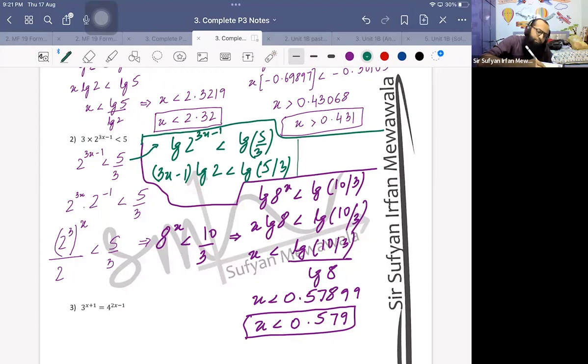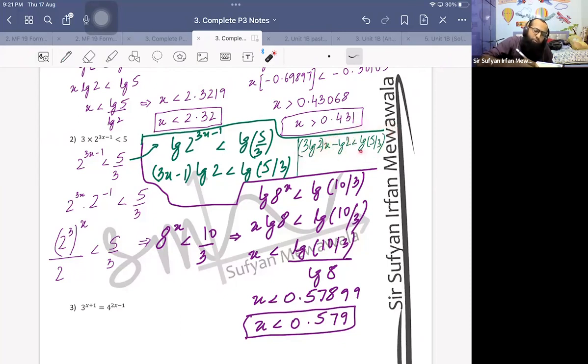This will become 3 lg 2 times x minus lg 2 is less than lg 5 over 3. And then you will add lg 2 to lg 5 over 3 and then divide by 3 lg 2, and then you'll get the x answer. Minus lg 2 will be shifted to the right hand side and then divided by 3 lg 2.